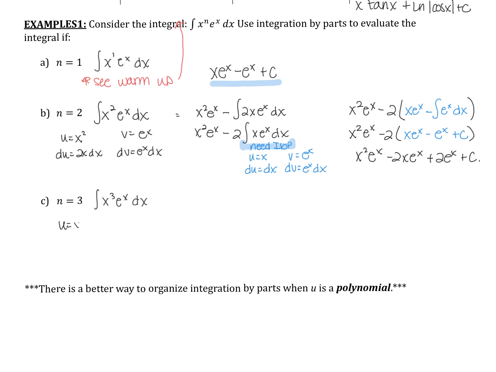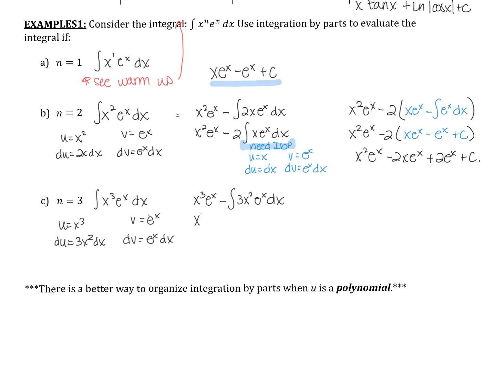If we let u equal x cubed, then du would be 3x squared dx. If we let dv equal e to the x dx, then v would be e to the x. And my first iteration of this would say x cubed e to the x. So uv minus the integral of v du. I'm going to go ahead and write 3x squared e to the x dx.